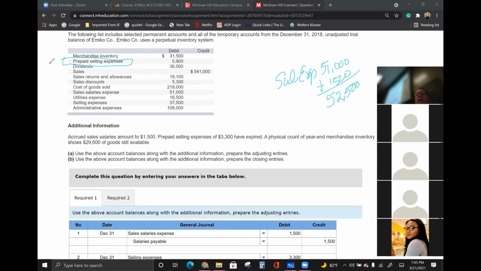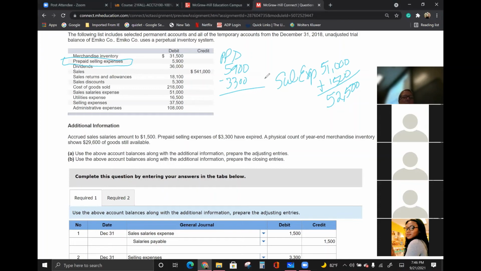So we had 5,900 of the prepaid, 5,900 less the 3,300. So I'm going to have a new ending balance in that account too, because it's telling me I've already used 3,300 of the prepaid. When I reduce that prepaid, if prepaid is an asset, in order to reduce it, I have to do a credit. My debit is the expense.